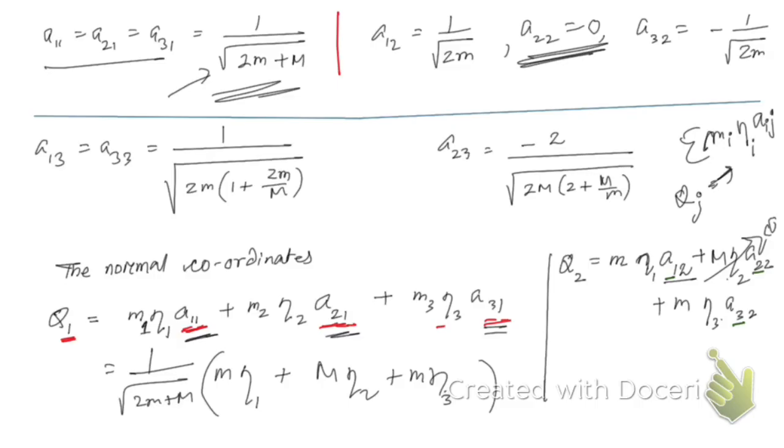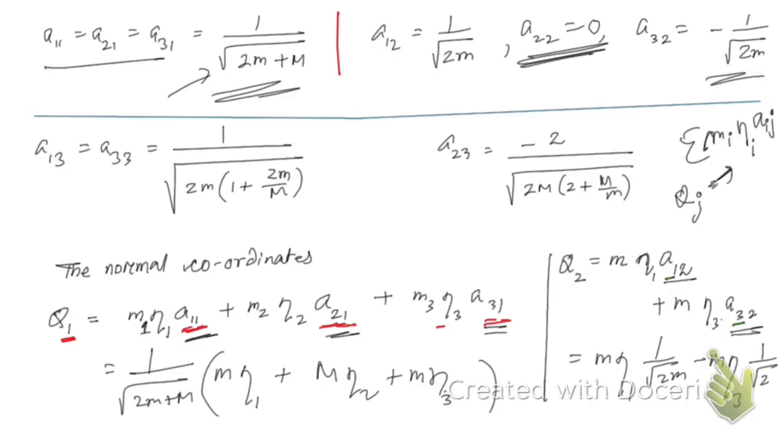And a32 is minus, so we can write it this way: m eta 1 into 1 by root over 2m, minus m eta 3 into 1 by root over 2m. The minus is here because a32 is minus 1 by root over 2m. Hope you have understood this.